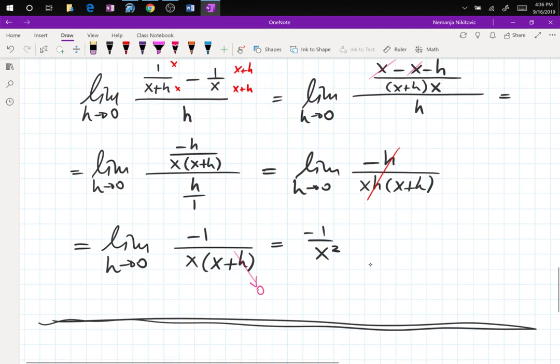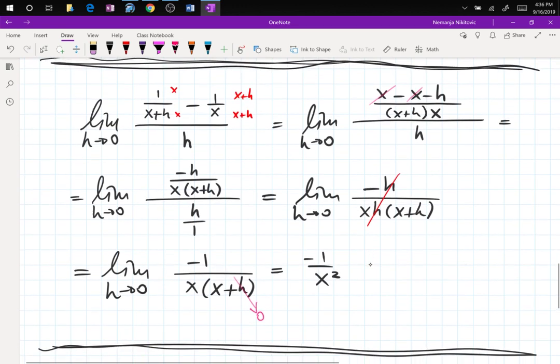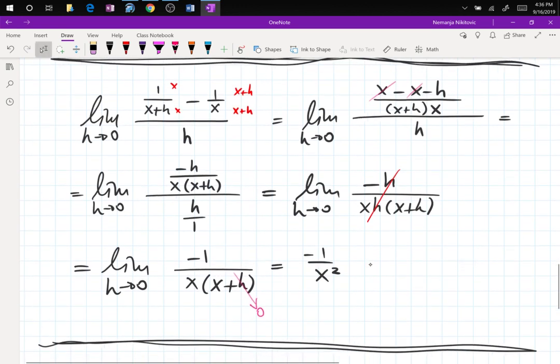Wait, so why were you able to flip it there but not in the beginning? What do you mean flip it there but not in the beginning? Find the reciprocal of the initial equation, like 1 over x plus h minus 1 over x over h. Why couldn't you find the reciprocal there? But these are two separate terms. I had to combine them first, and then I can deal with the rest.